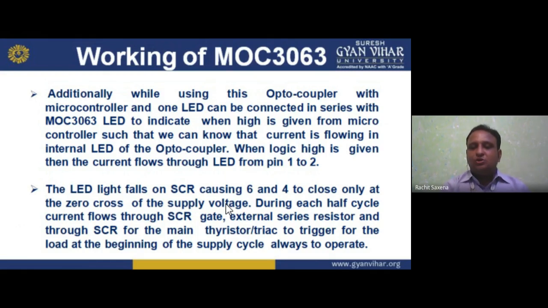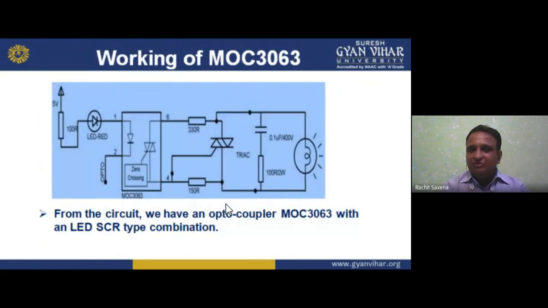LED light falls on the SCR, causing 6 and 4 to close only at the zero cross of the supply voltage. During each half cycle, current flows through the SCR gate and the external series resistor given in the circuit, and through the SCR for the main thyristor triac to trigger the load at the beginning of the supply cycle. So it works like this.